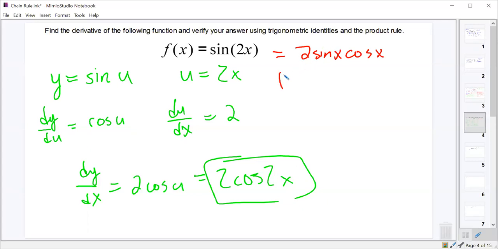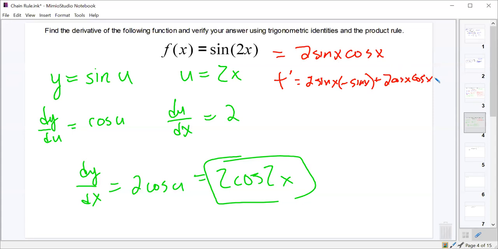Okay, so we'll start with 2 sine x times the derivative of cosine, which is negative sine, and then plus the derivative of 2 sine, which is 2 cosine x, times cosine x.